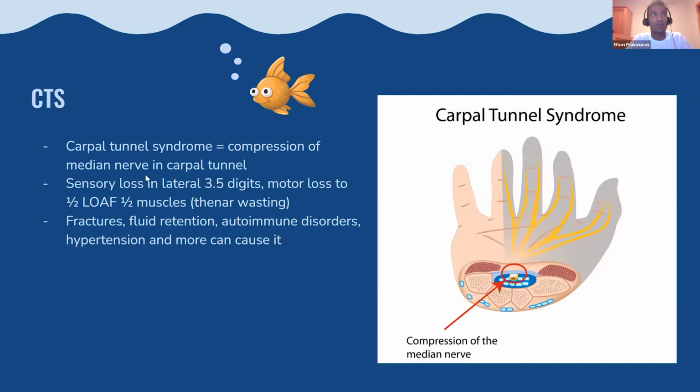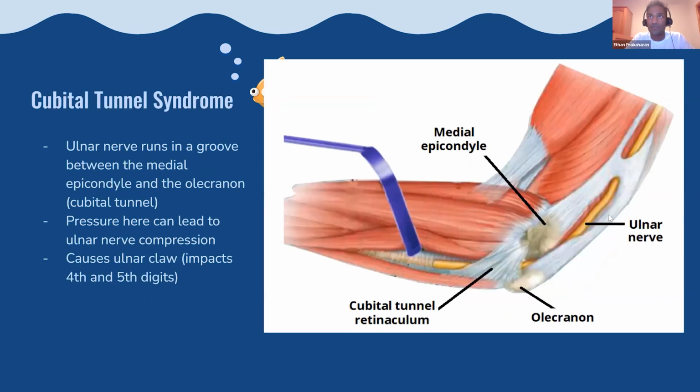What's the consequence of that? Well, you get sensory loss, and the median nerve supplies your lateral 3.5 digits, and you'll lose your motor supply to the thenar muscles. So that will lead to wasting of your thenar eminence because they won't be used. So fractures, fluid retention, autoimmune disorders, hypertension, which is high blood pressure, and more can cause carpal tunnel syndrome. Okay, but it's one of the most common peripheral neuropathies.